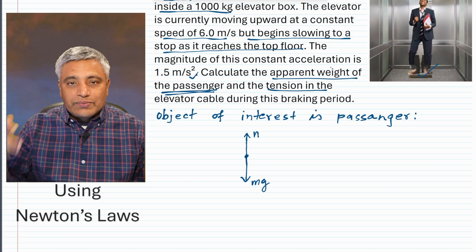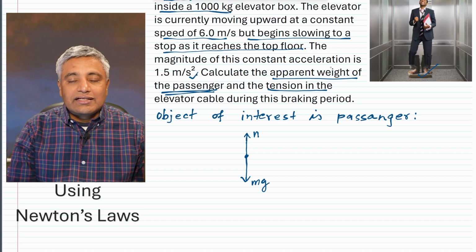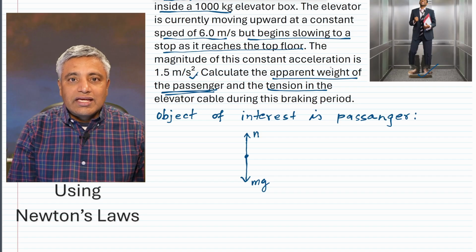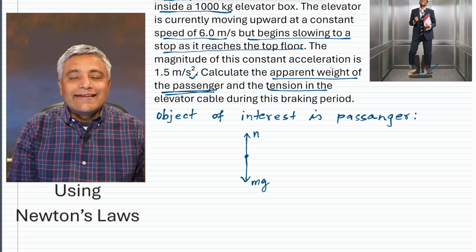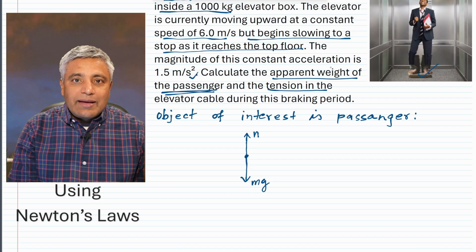The person is pushing on the scale and the scale is reacting back by applying that normal force. Action and reaction forces are equal, so whatever the normal force is, that's going to be equal to the reading on the scale at that moment. That means that is the apparent weight.